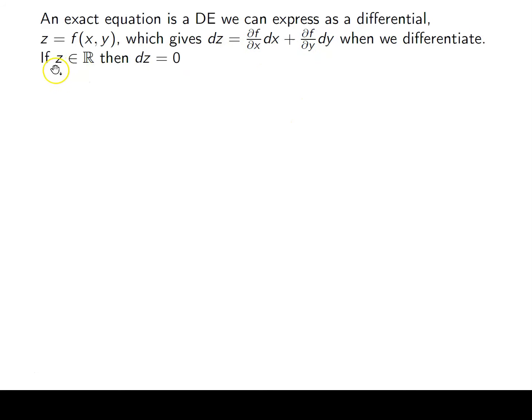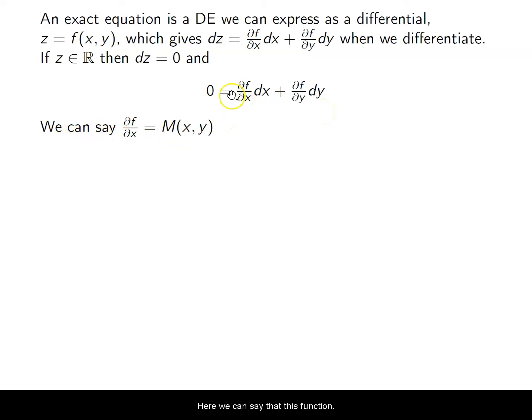If z is a constant, an element of R, then when I differentiate it, it's going to go to 0, which gives me an equation that's equal to 0, a homogeneous equation. So I have the first partial of f with respect to x times the differential dx plus the first partial of f with respect to y times the differential dy.